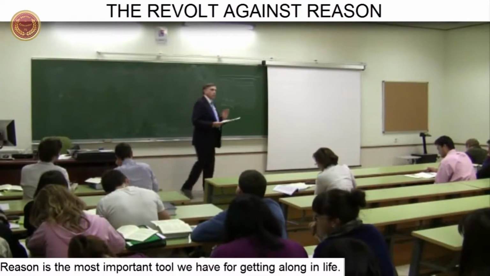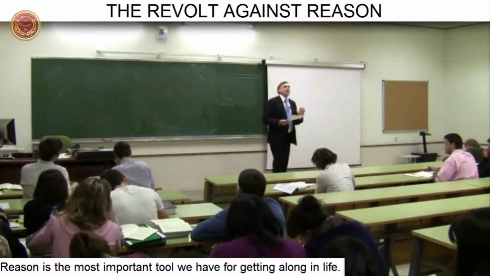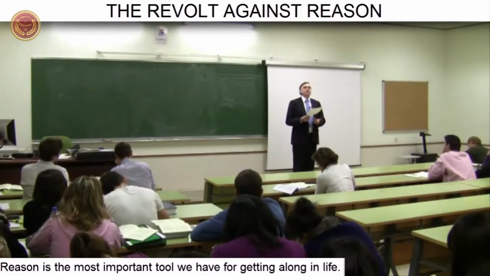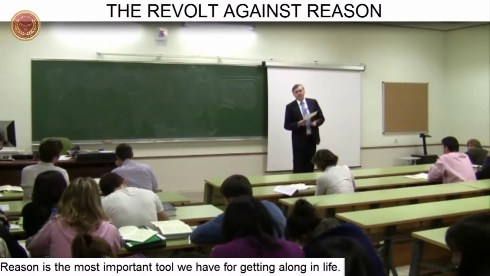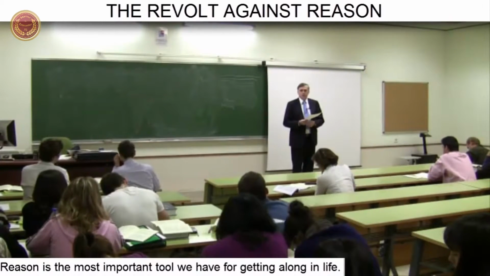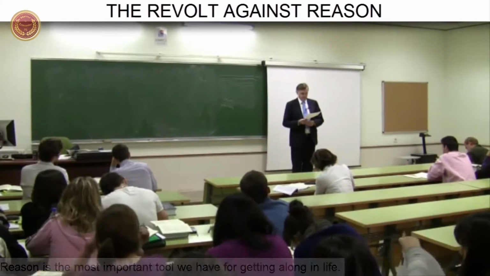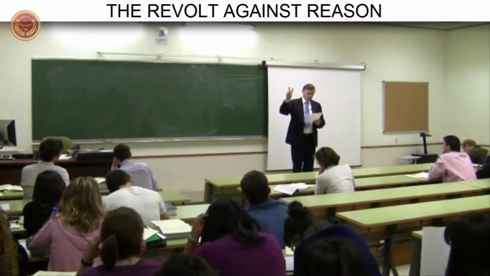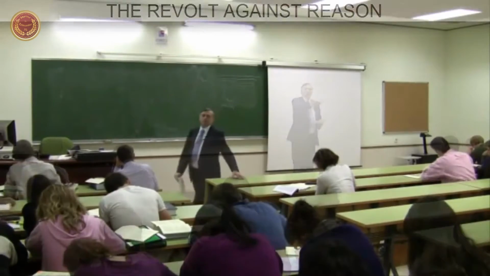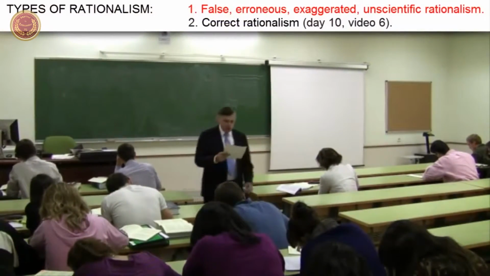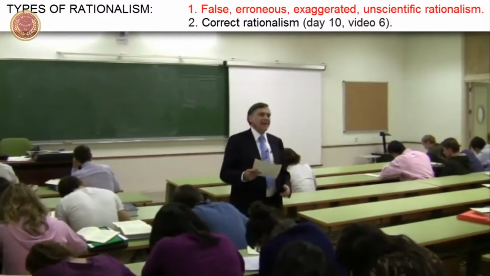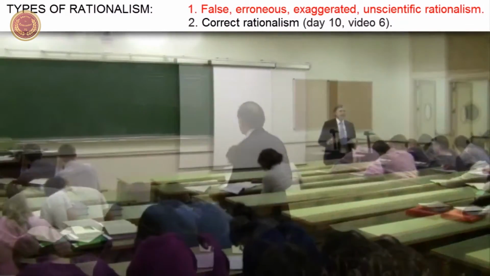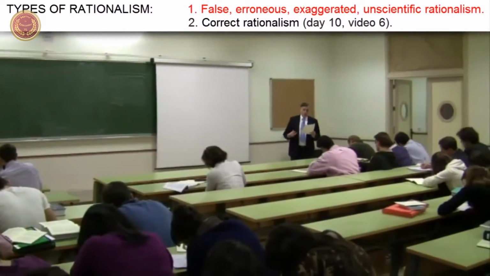Now, our recognition of that fact should not mean we commit the error of deifying human reason. Regrettably, many in the field of science have done just that. In fact, we could say there are two types of rationalism. We will call the first type false, erroneous, exaggerated, unscientific rationalism. What does this rationalism consist of?